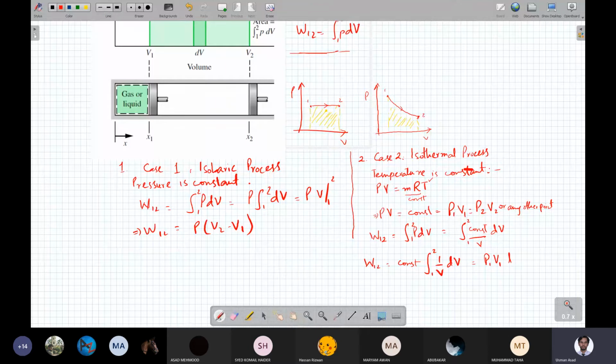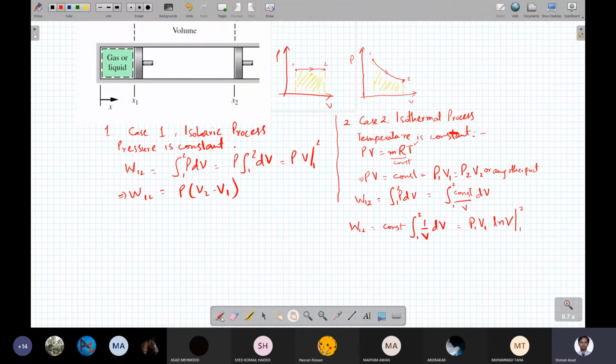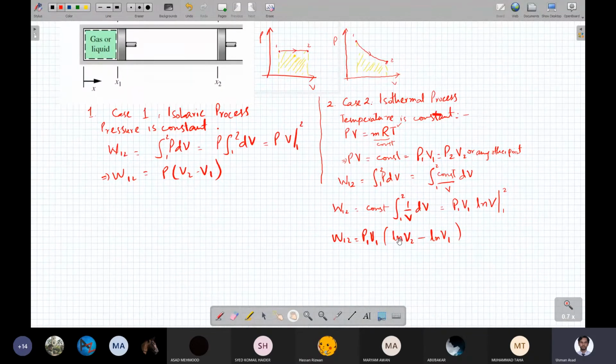So the integral of 1 over V is going to be natural log of V, and then you have to apply the limits of integration from 1 to 2, which means that the work done is going to be equal to P1 V1 times natural log of V2 minus natural log of V1.